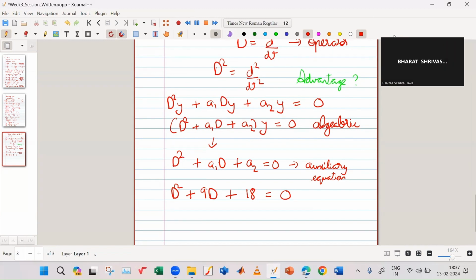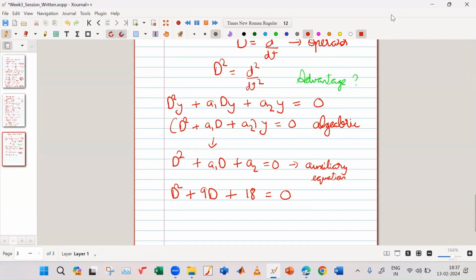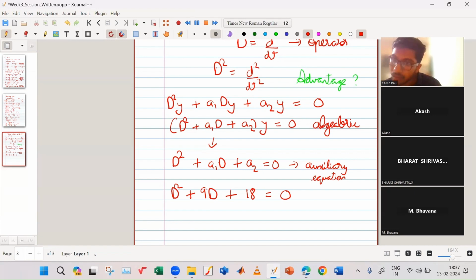So 6 or 3? -3 and -6. So 6, 3 is also a root of the equation.